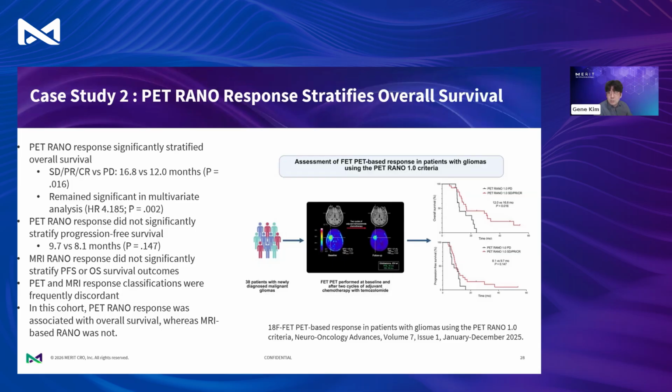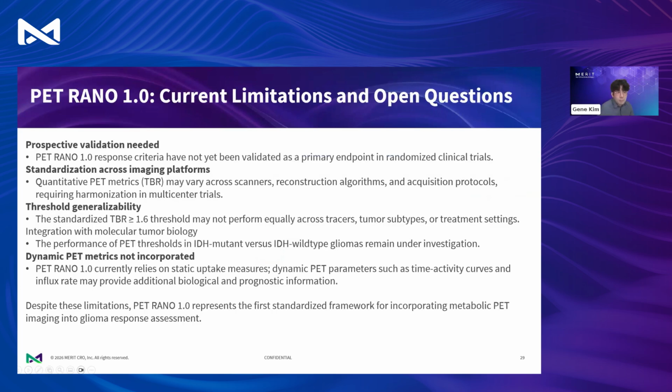As with any single-center cohort data, these findings require broader validation, including in prospective, randomized settings, before PET RANO 1.0 can be considered a validated primary endpoint. Before closing, it is also important to be transparent about the current limitations of this PET RANO framework, because these are questions that any trial incorporating PET RANO 1.0 should be prepared to address.